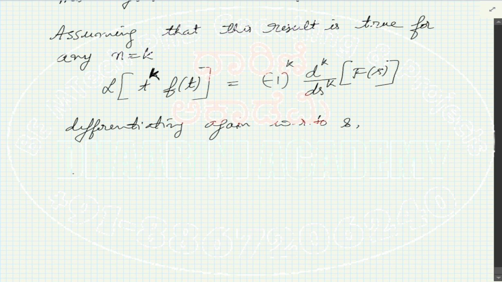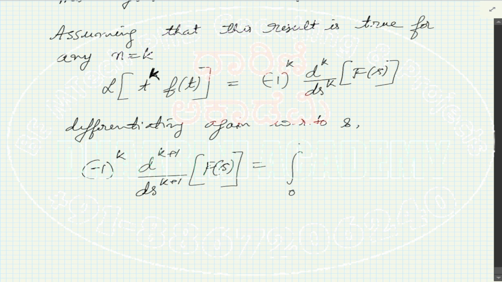So minus 1 to the k, d to the k plus 1 divided by ds to the k plus 1 of F of s is nothing but, on the left hand side I replace it by integral 0 to infinity, there is a t to the power k into f of t, this is already present, right?